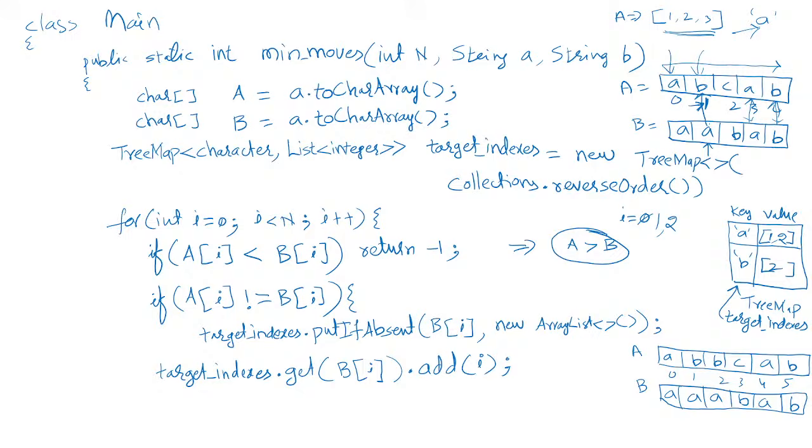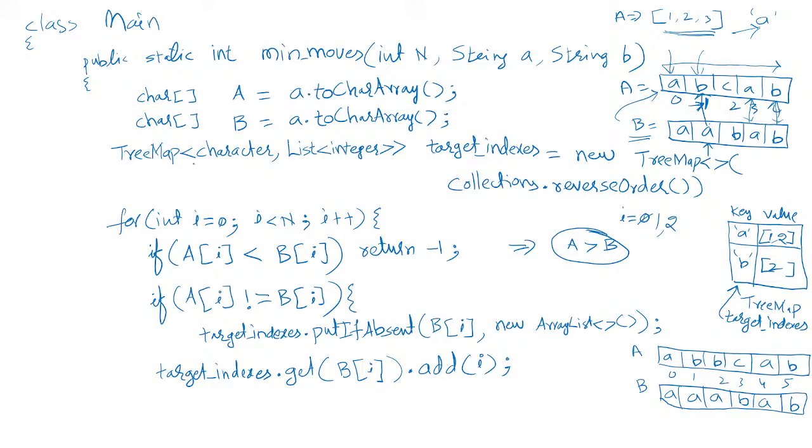That means all the characters present in string B must also be present in string A, then only the conversion is possible. So that check you have to perform before writing the conversion.